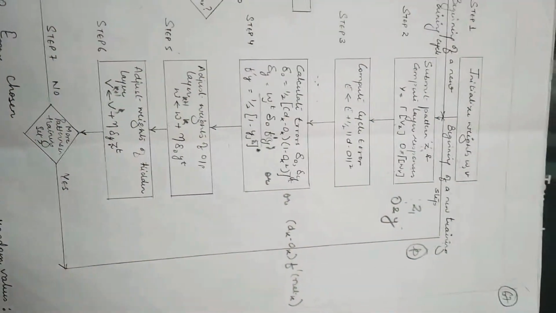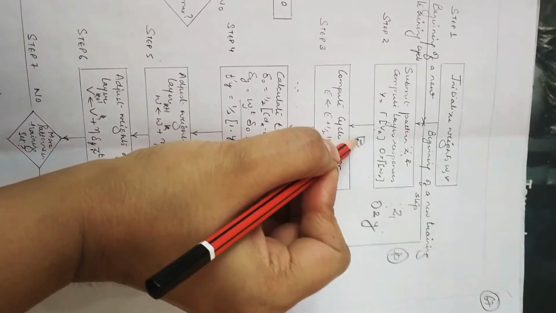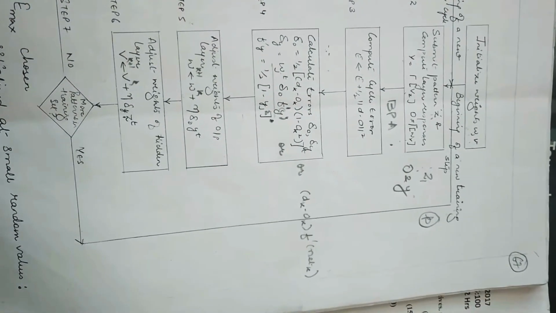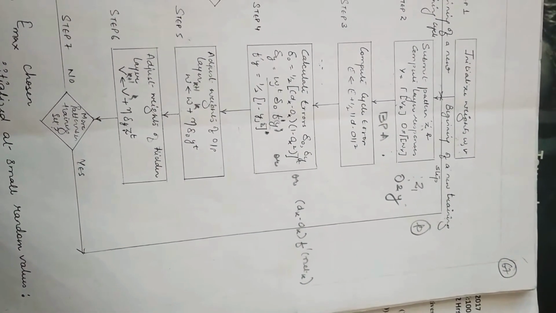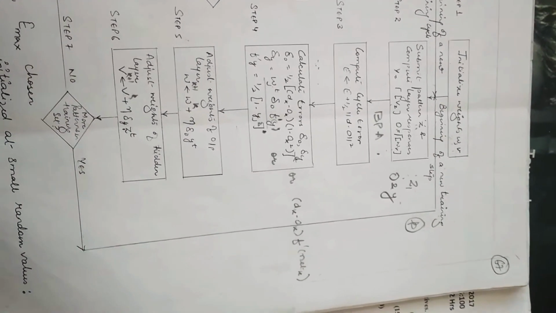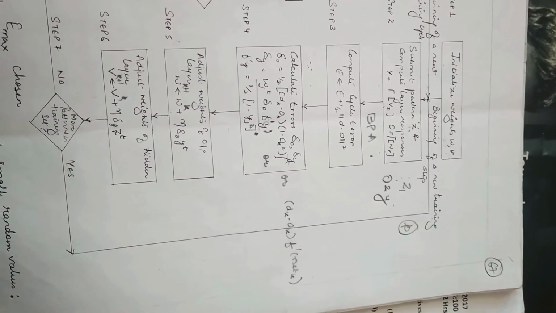Now after that comes the back propagation algorithm. What is the back propagation algorithm? It is the process of back propagating the error through the system from output to input layer during the training session. Now how do we back propagate the error?